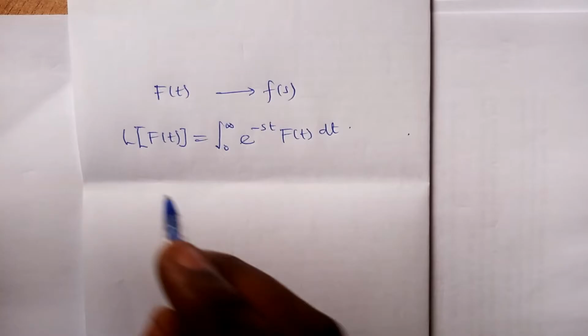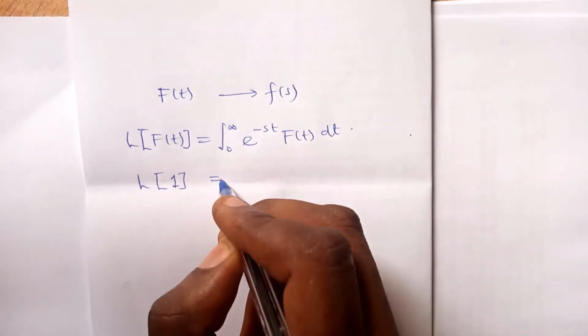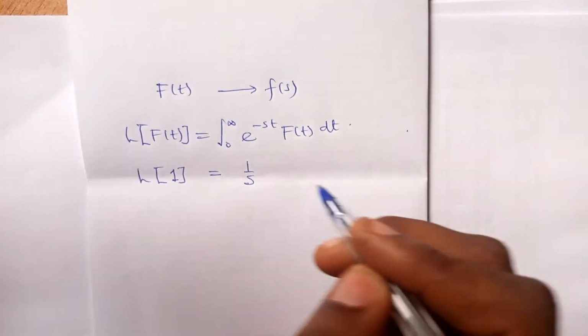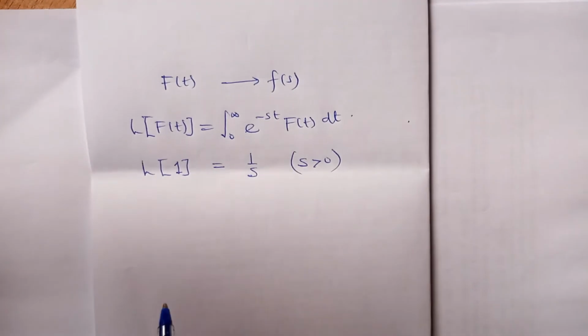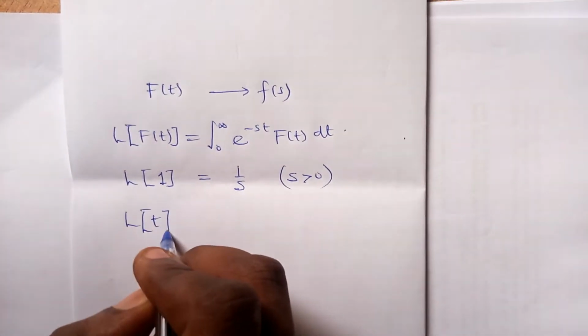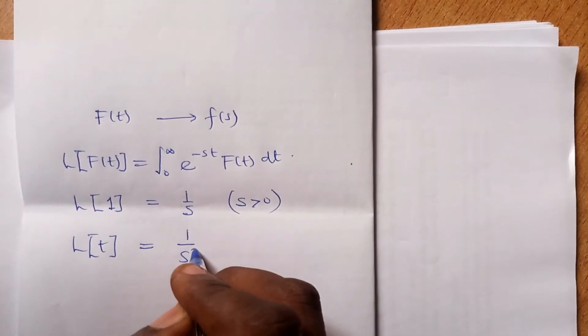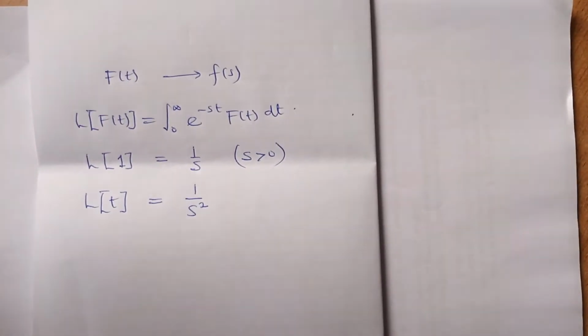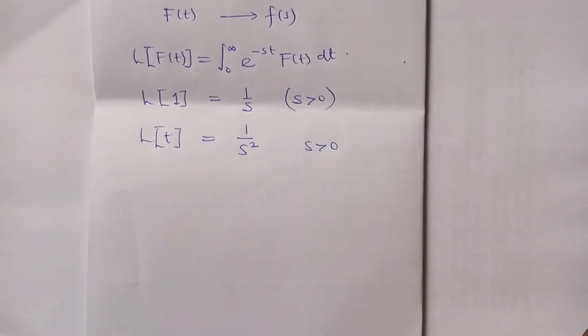And consequently, we considered Laplace transform of 1 to be equal to what? You remember, 1 over s, and there was a condition which says that s must be greater than 0. Another thing again, we considered Laplace transform of t, and we discovered that this will give us 1 over s squared. You notice, of course, we can still say s must be greater than 0.